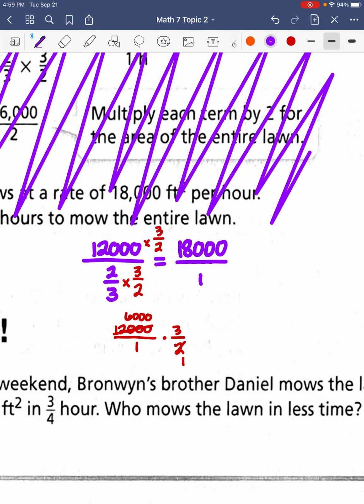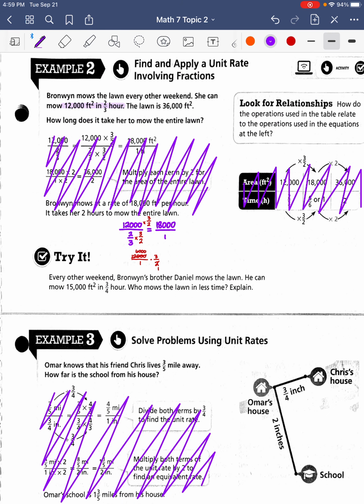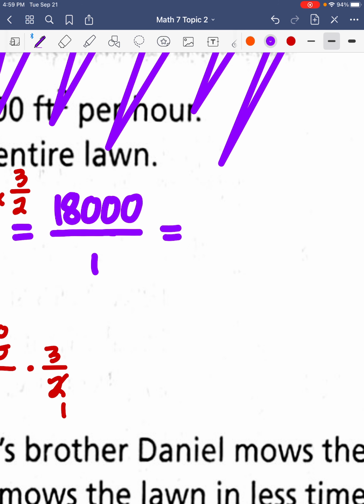18,000 square feet is how much she mows in just 1 hour, right? But that's not the question. The question is, if the lawn is 36,000 square feet, how long does it take her to mow the entire lawn? So remember, the lawn is 36,000 square feet, and we want to know the time it takes her to mow that much lawn.